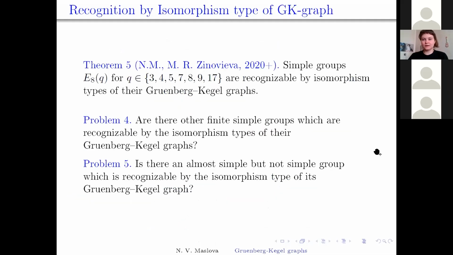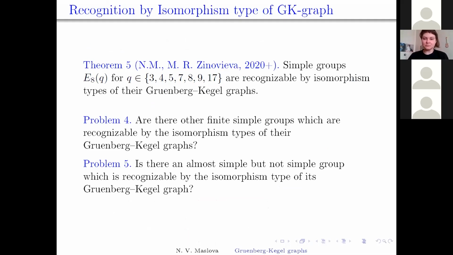So there is one more result in this direction. Recently, Mariana Zinovieva and I have proved that simple groups L2(q) for q equal to 3, 4, 5, 7, 8, 9, and 17 are recognizable by isomorphism types of the Gruenberg-Kegel graphs. And from these results, we have two more open problems.